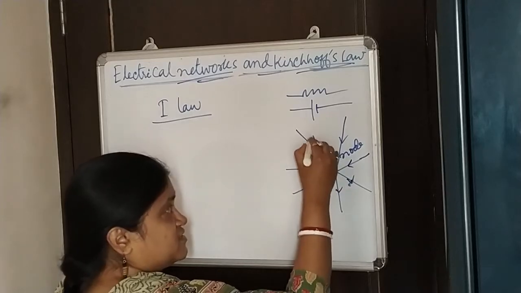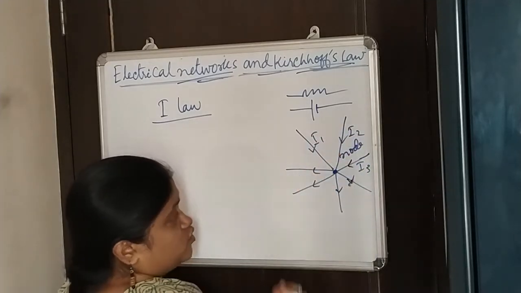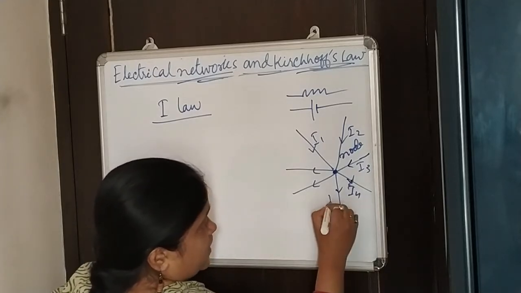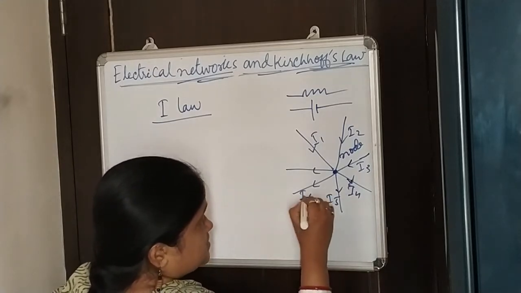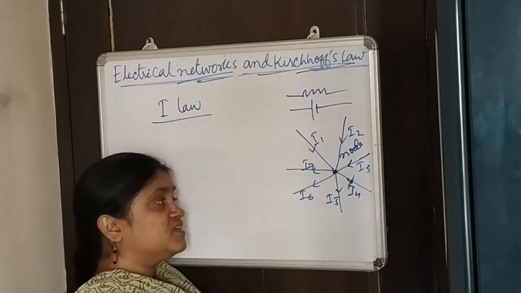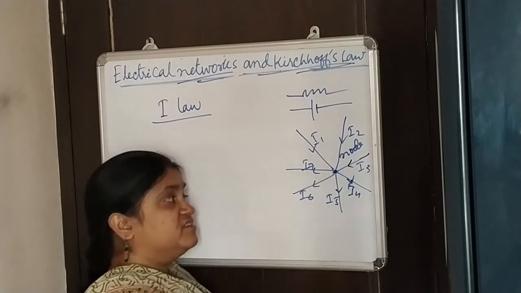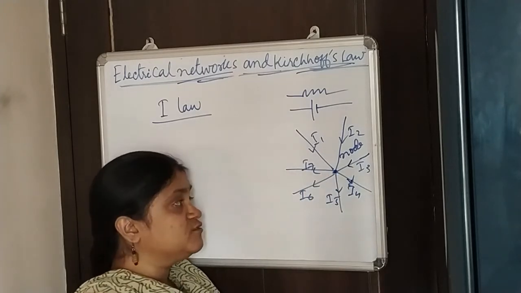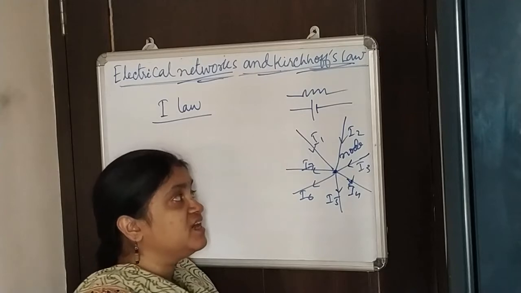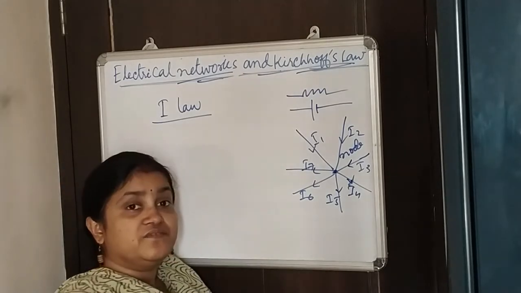Suppose I1, I2, I3 are entering this node, and I4, I5, I6, I7 are the currents leaving from this node, but all these 7 currents are meeting at this particular point, which we call a node. How to analyze such currents is given by Kirchhoff's first law.